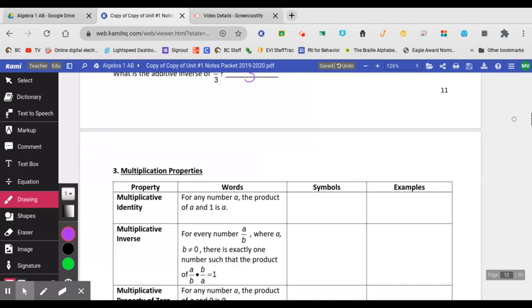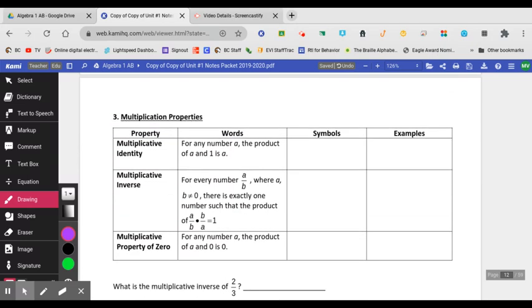Multiplication properties. So the multiplicative identity is 1. For any product times 1, you get back what you started with. So A times 1 equals A. So 3 times 1 equals 3. Multiplicative inverse, this is your reciprocal.